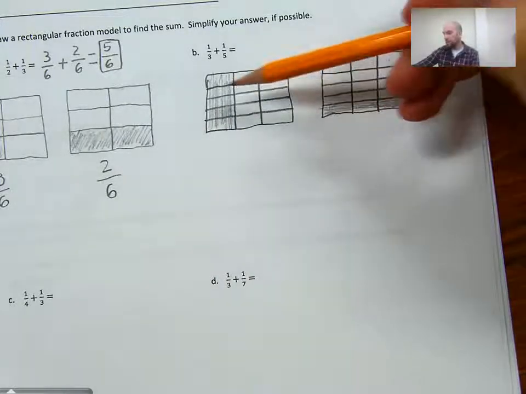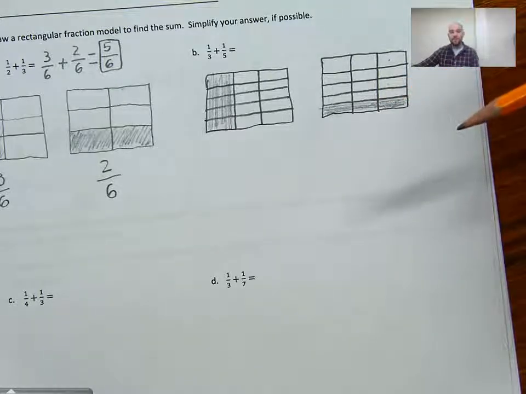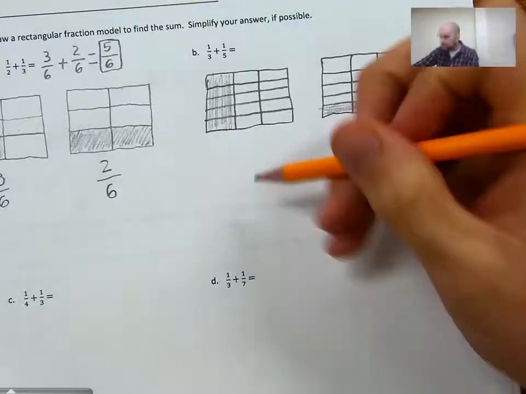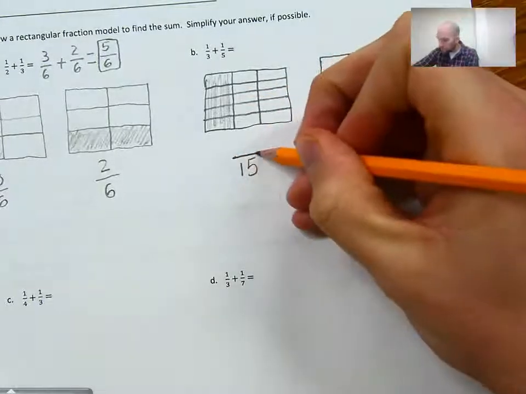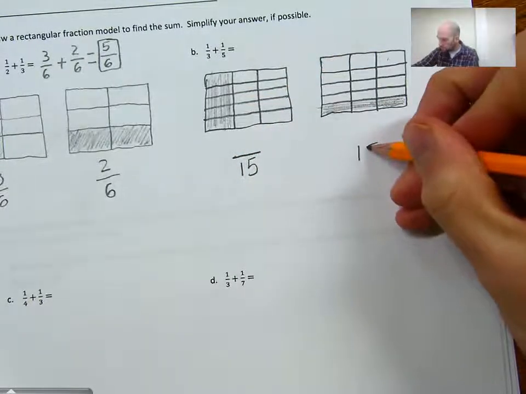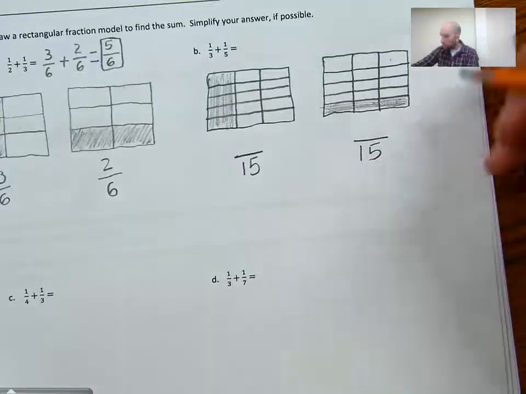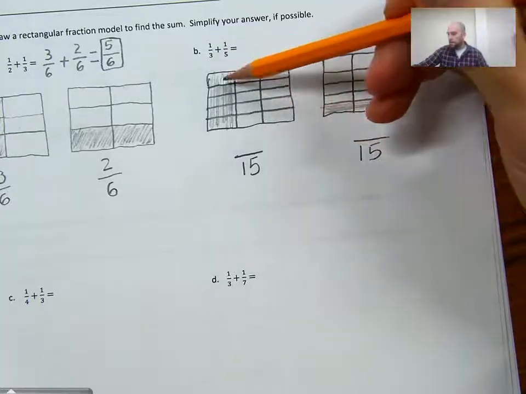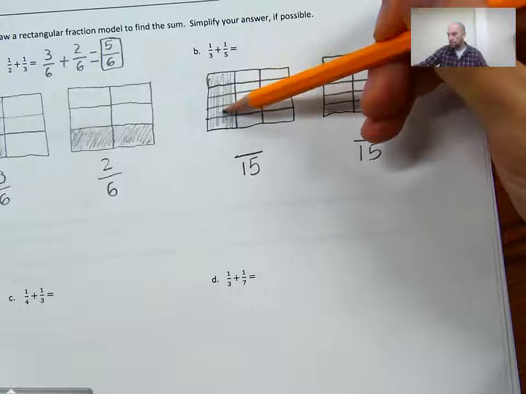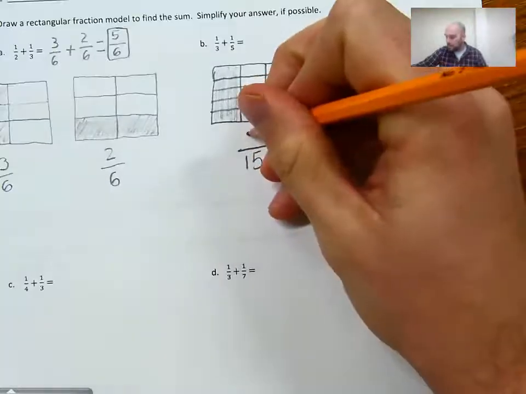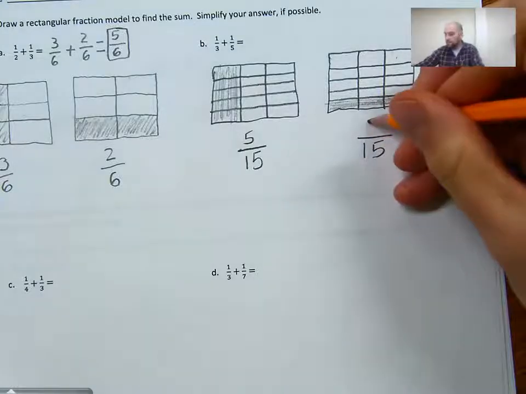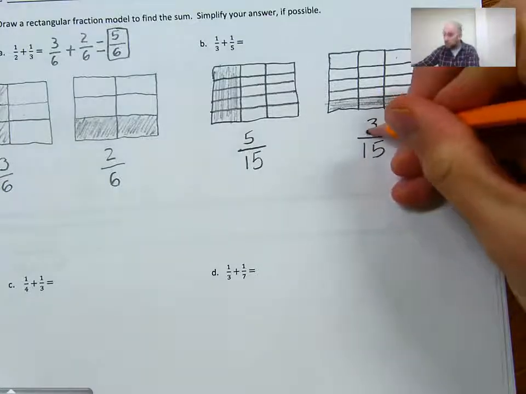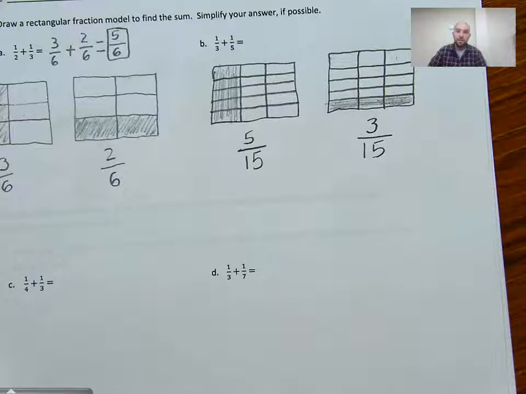So now I think we found a common denominator. We know 15 is going to be our denominator, because there's 15 pieces in each. And we have 1, 2, 3, 4, 5 fifteenths. And we have 1, 2, 3 fifteenths. 1/3 is the same as 5 fifteenths.